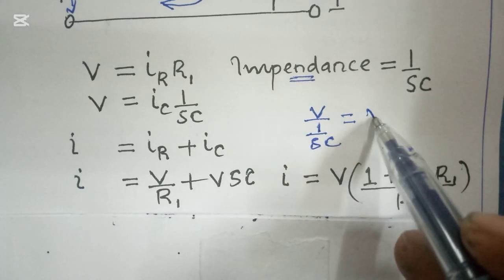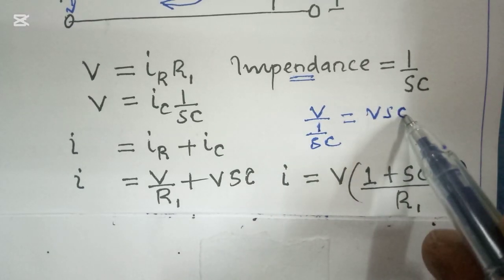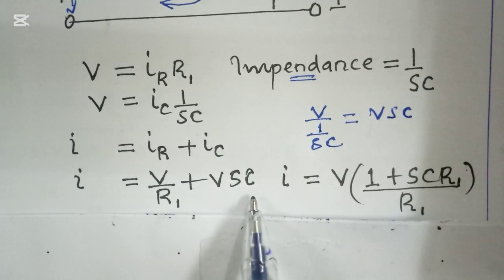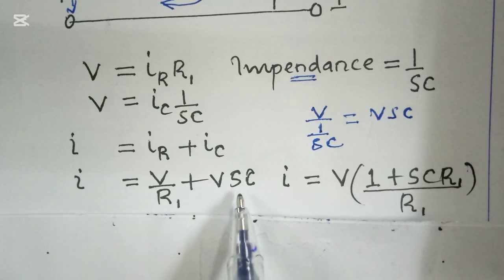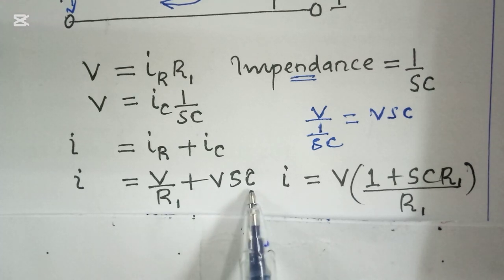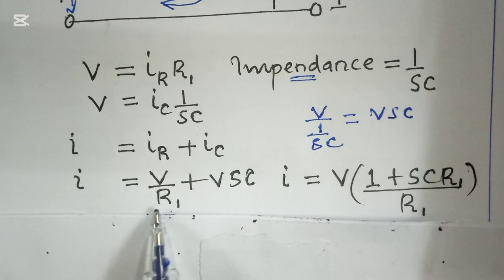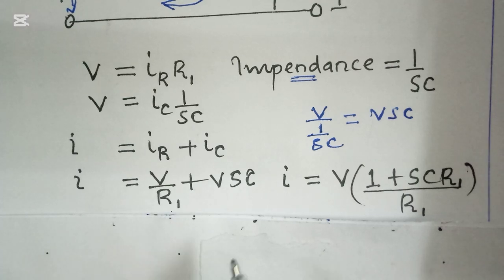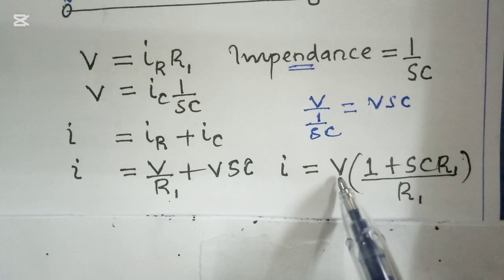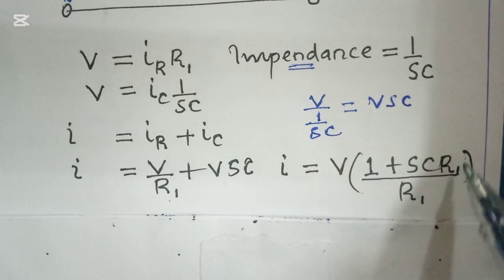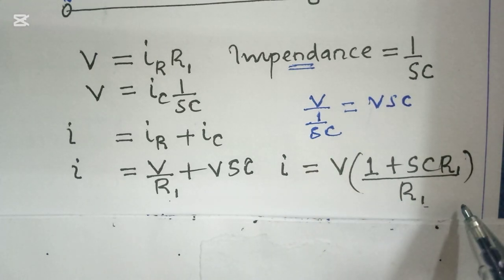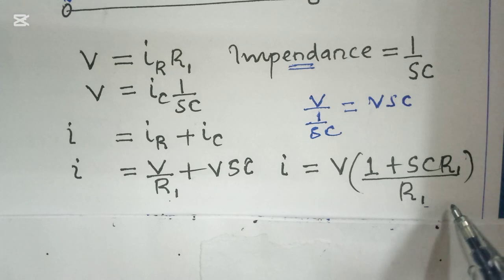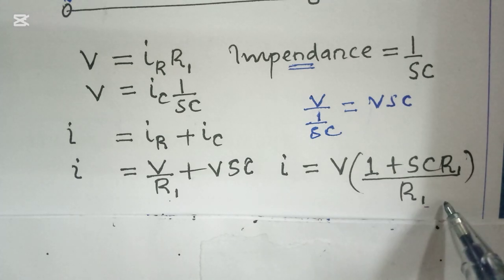This gives us VSC, and that's what I have written here. Remember, this is in terms of impedance, and even R1 does not change, so it can still be considered as impedance through the resistance. We can now factor out the V, and whatever we are left with is our impedance, in the form of Laplace transform.